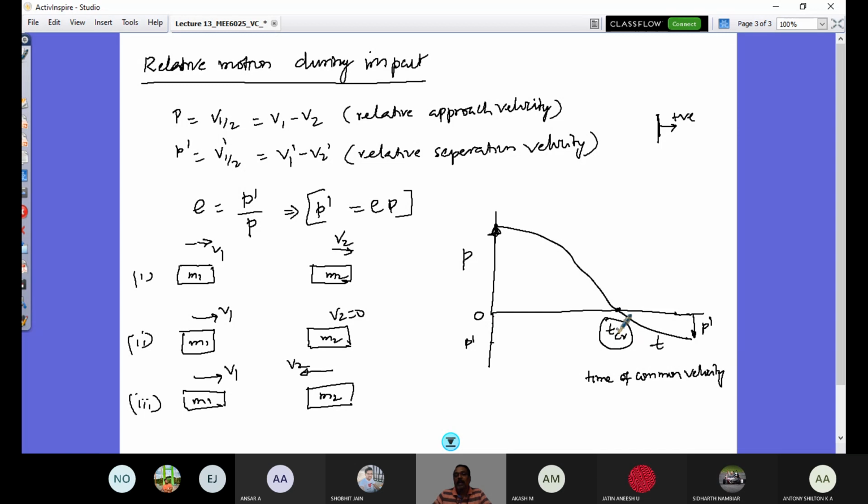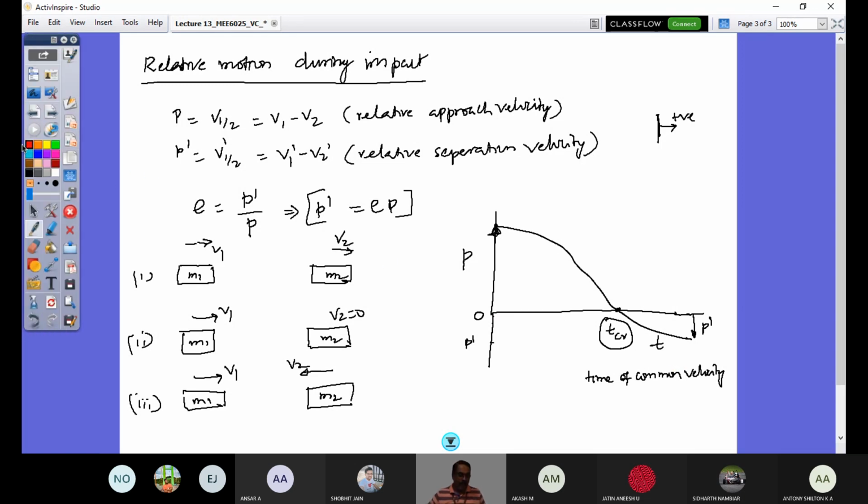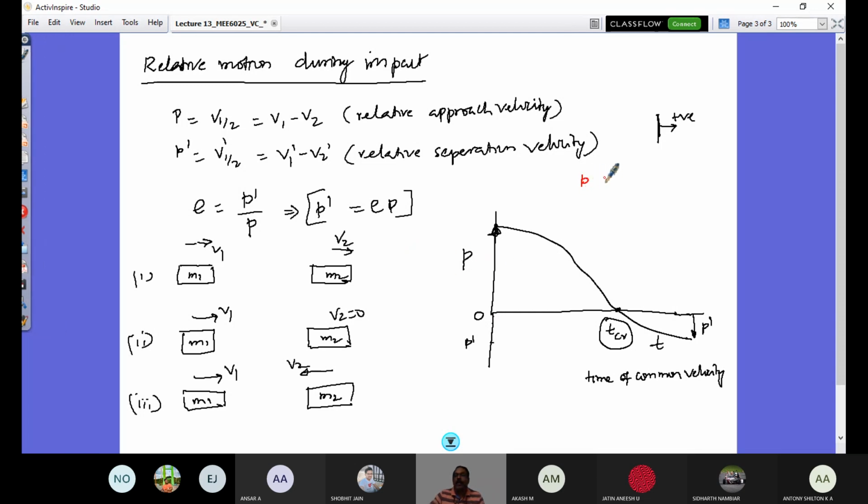That is the reason for the subscript CV: CV refers to common velocity. Here we have to make it clear that this P is always positive before collision and negative after collision.